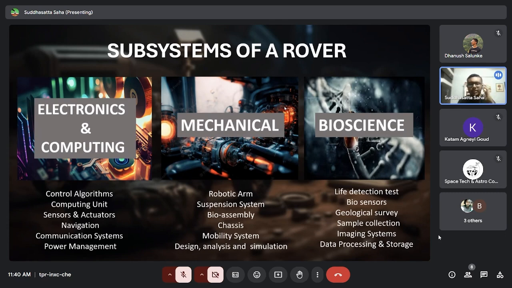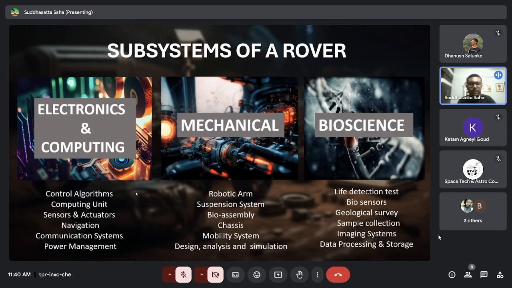So this electronics and computing subsystem has the various control algorithms, computing unit, sensors and actuators, navigation modules, communication systems, and the power management aspect is also covered in this subsystem. Which means that the rover has a single board computer on board, which is like the host PC for it, and it takes decisions on its behalf.